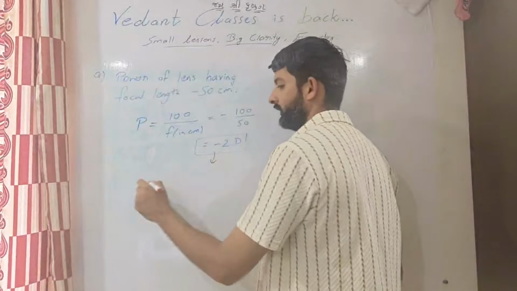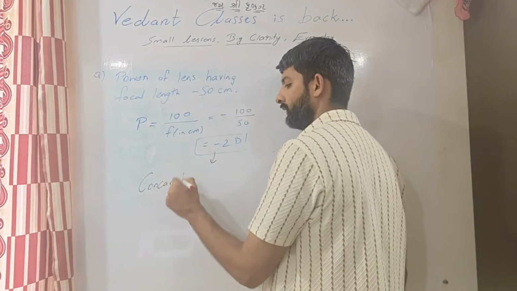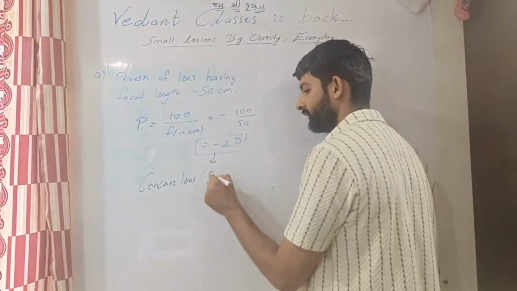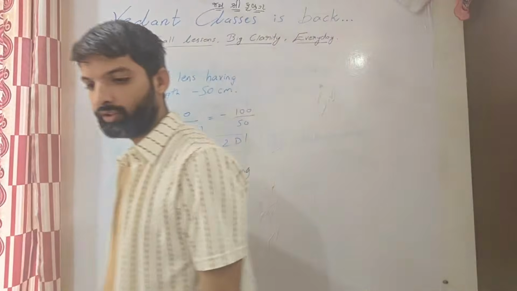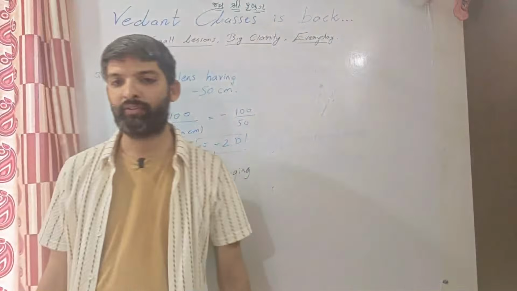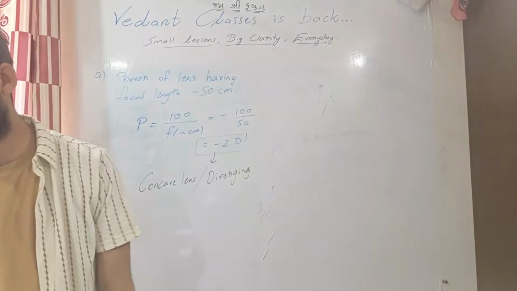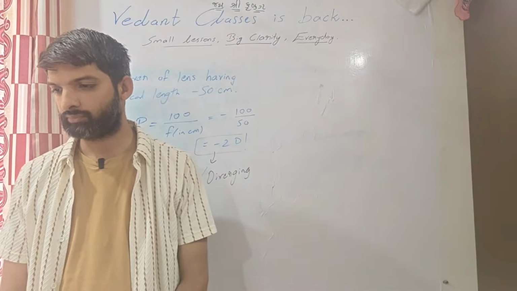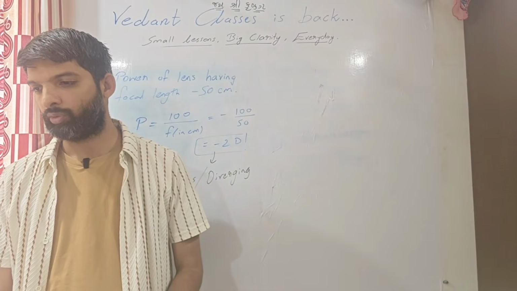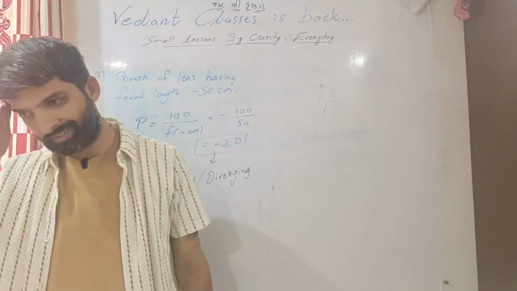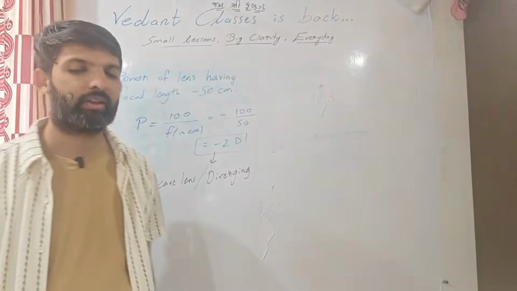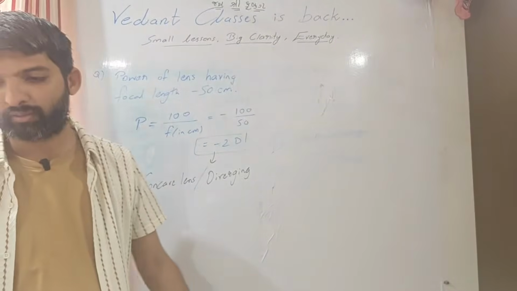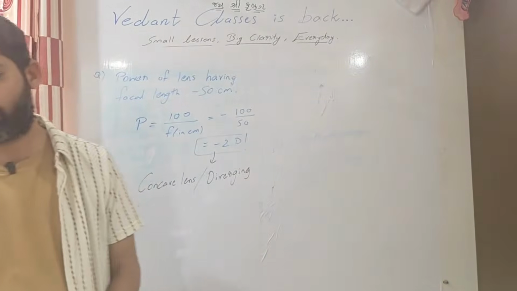When the power is negative, it is concave lens, and nature, if they ask, it is diverging. This is the type of lens, this is the nature of the lens, that is diverging. So concave, and be specific, it is diverging. If you write concave, they may give you the marks, but specifically nature is diverging.